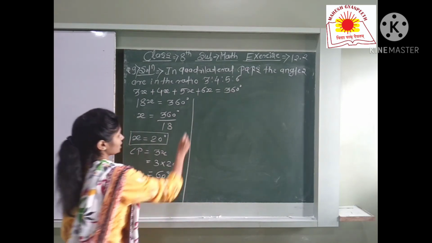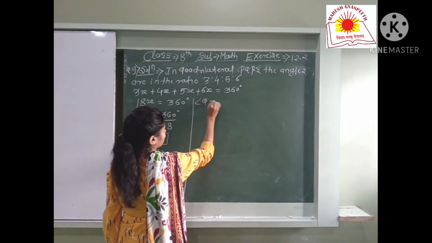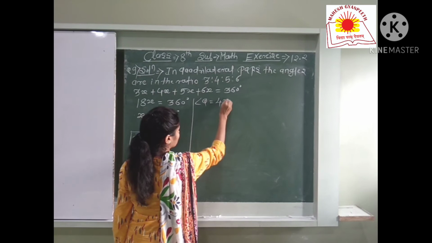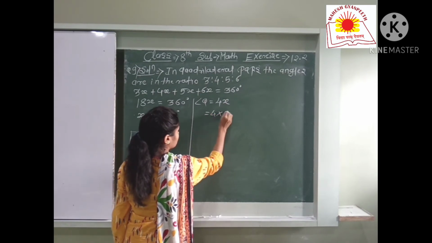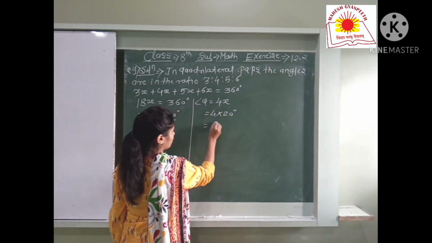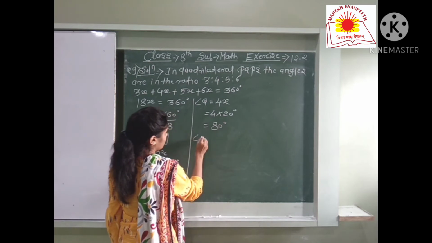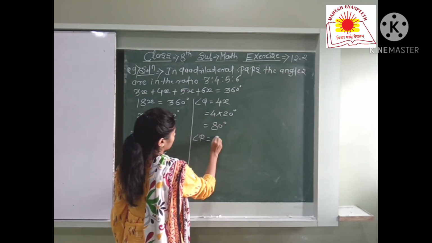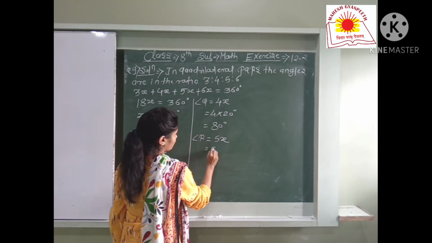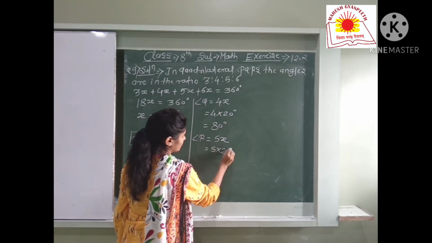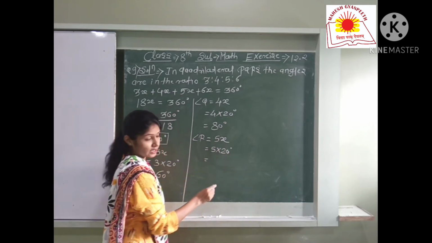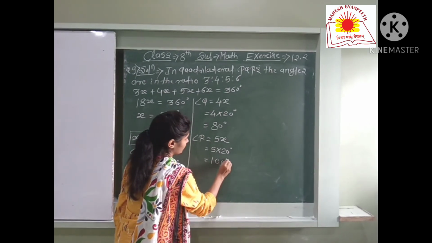Now angle Q. What is that? 4x. 4 multiplied by 20 is 80. Angle R. What is that? 5x. 5 multiplied by 20, 5 twos are 10, so 100.